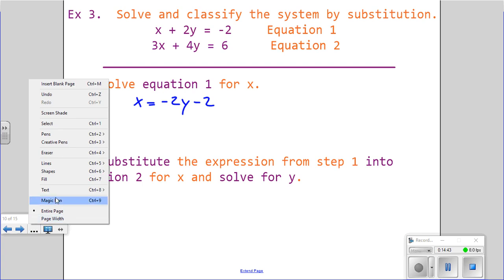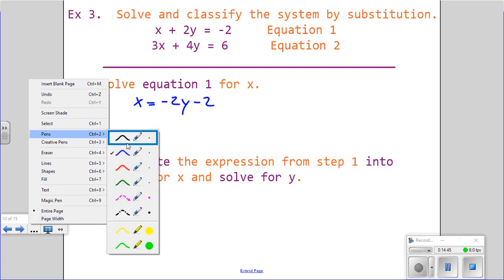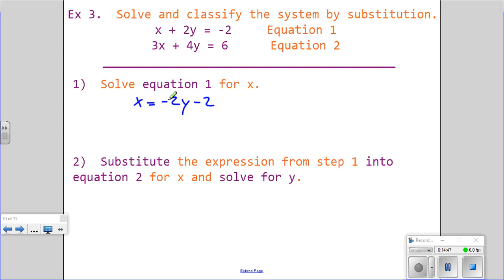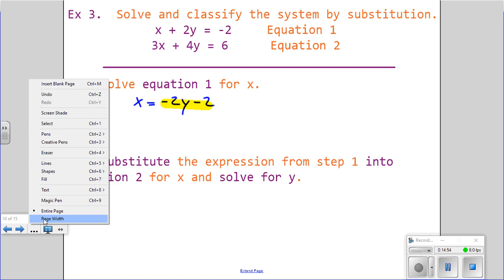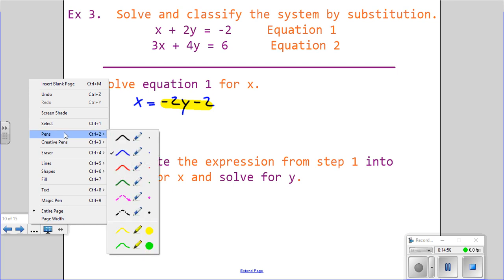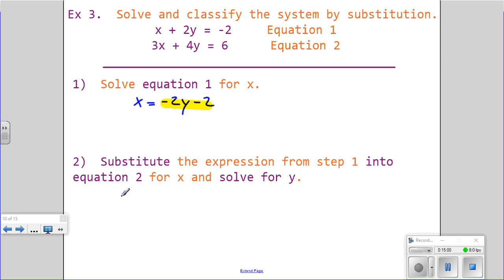Step 2, substitute the expression. The expression they're referring to is -2y minus 2. And we're going to take that and insert it into equation 2, in place of x. So equation 2 says 3x plus 4y equals 6.